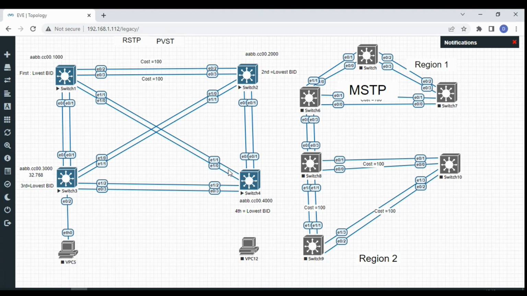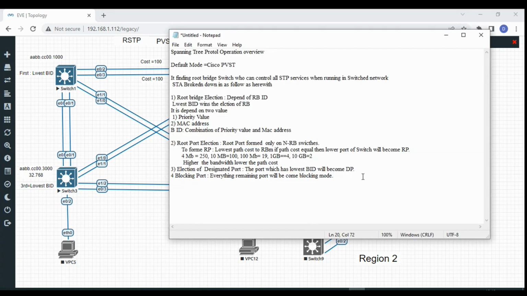So what does blocking mode mean? If switch ports are in blocking mode, it doesn't mean that the interface is down. The interface will be up.